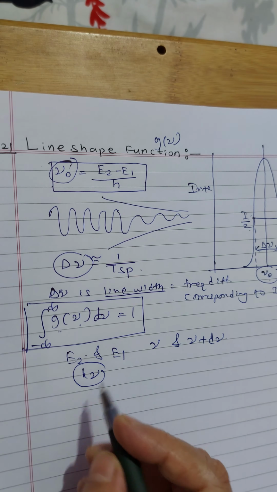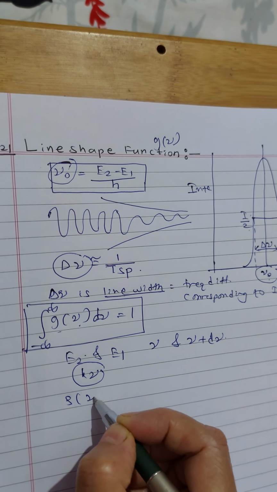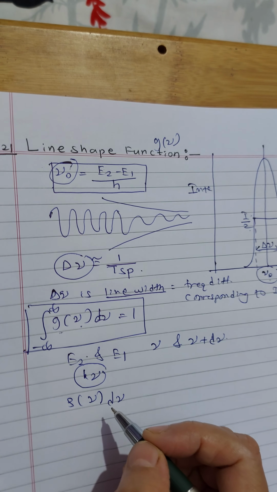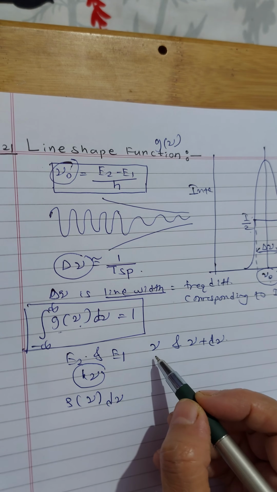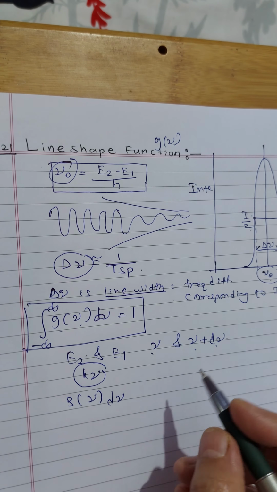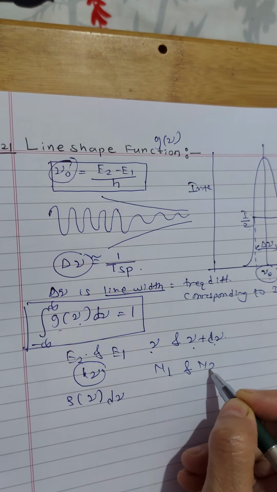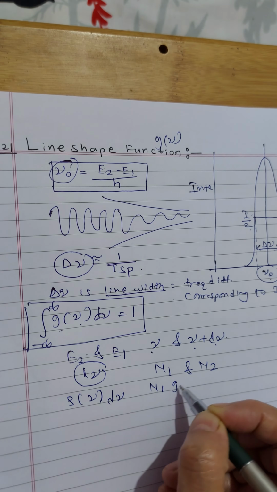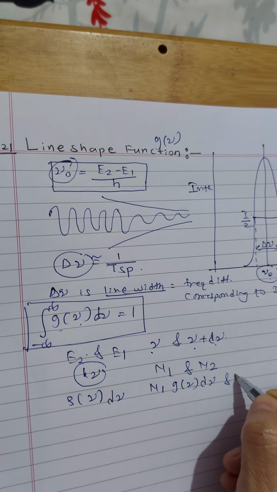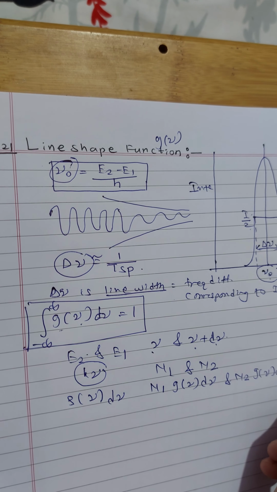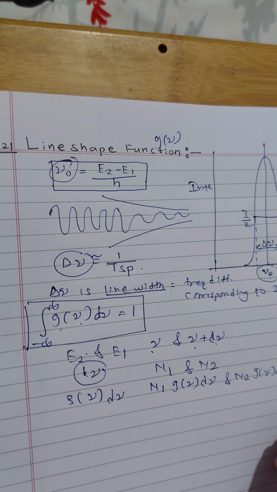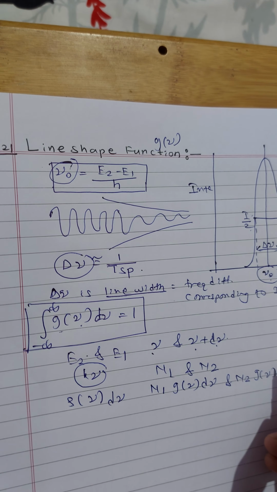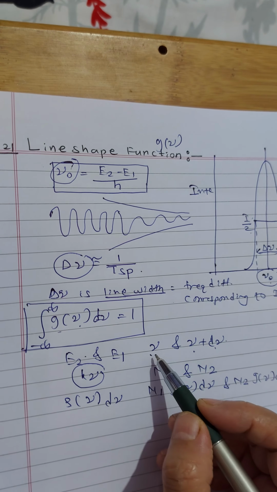Radiation density rho nu d nu incident on a collection of atoms has frequencies between nu and nu plus d nu, and out of the total n1 and n2 atoms per unit volume, only n1 g of nu d nu and n2 g of nu d nu atoms per unit volume are capable of interacting with radiation of frequencies in that range.